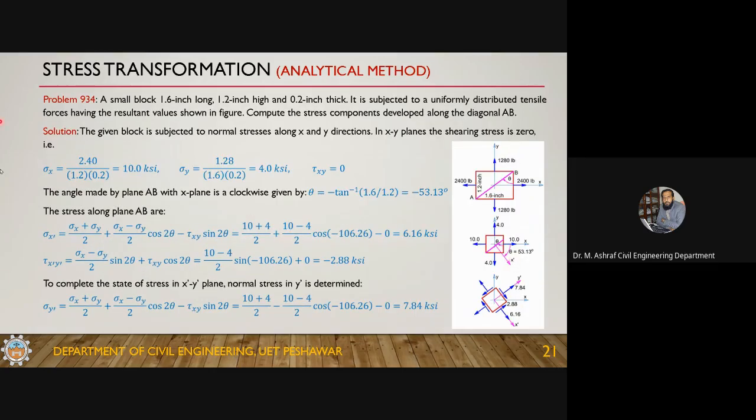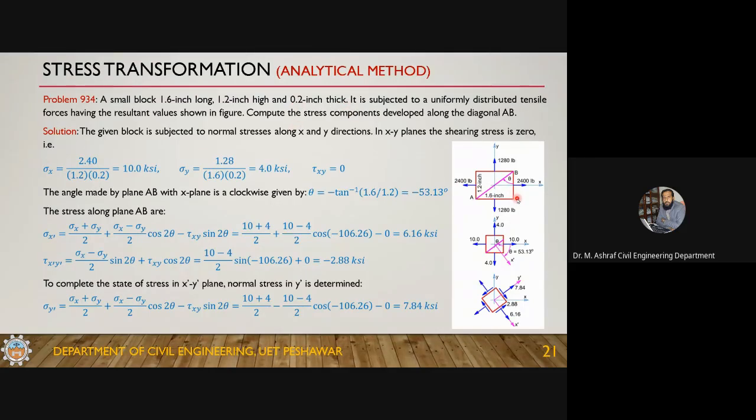Now, next thing is a small block, 1.6 inch long, 1.2 inch high, and 0.2 inch thick, subjected to uniformly distributed tensile forces having the resultant values as shown in the figure. Here you can see a block whose this dimension is 1.6 inch, this dimension is 1.2 inches, and the thickness, which you cannot see in this view, is 0.2 inches.